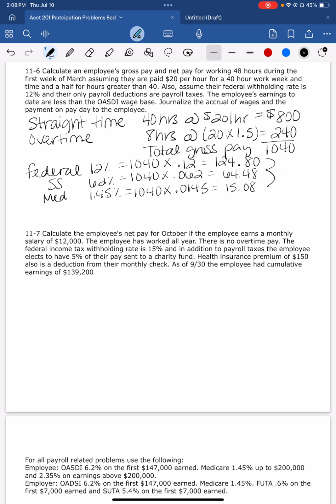So all those added together is 204.36. And if we subtract 1,040 minus 204.36, this employee gets to bring home $835.64.